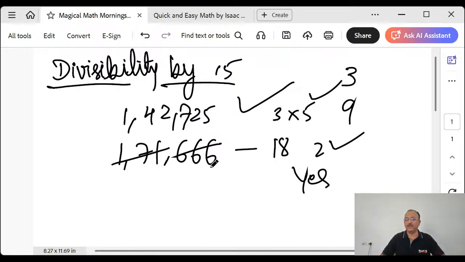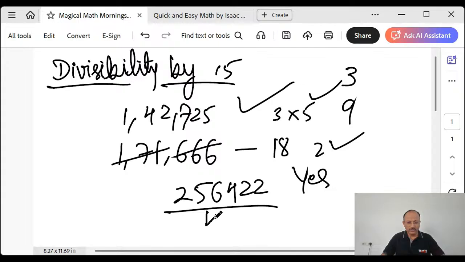Where are these useful? Whenever you are doing division of big numbers, like you want to divide 2,56,422 by 4,248. What do you people do? You will be dividing by 2 and then by 3 and all you will check. But instead of that, what will I do? I will check this number and this number. Are they divisible by 6 or 12 or 24? Then directly I will cancel with those numbers. 12 is an easier number.